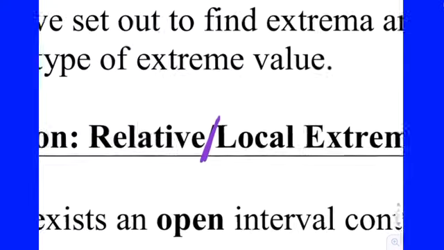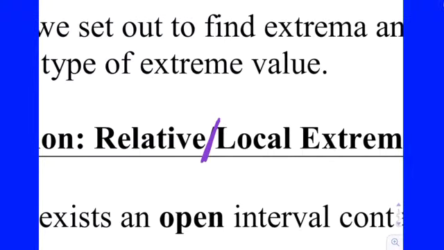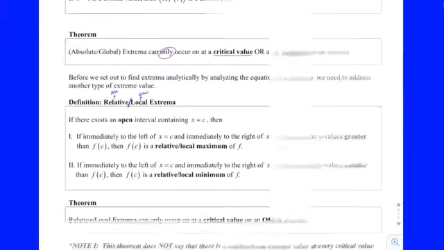Now, if you do want to pair them up, relative pairs nicely with absolute extrema, and local pairs nicely with global. The terminology goes together: absolute, relative, global, local.